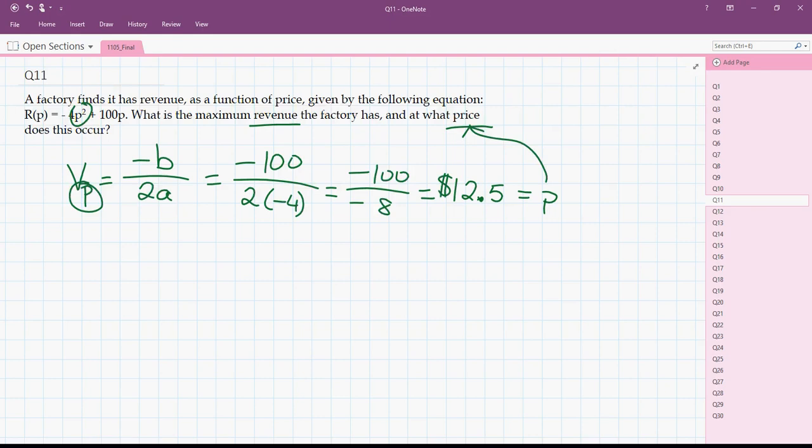But now if we want to find revenue as a function of price, we're going to plug that value back in. So we're going to plug in R of 12.5. Easy way to do that, I'm going to say 25 over 2 should be the same number. So that equals 12.5.